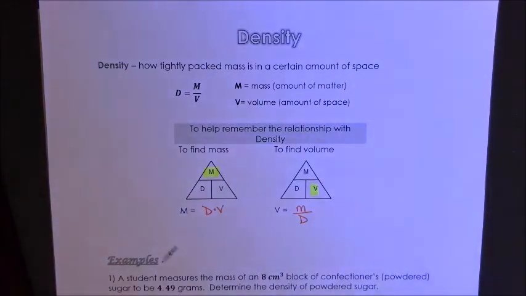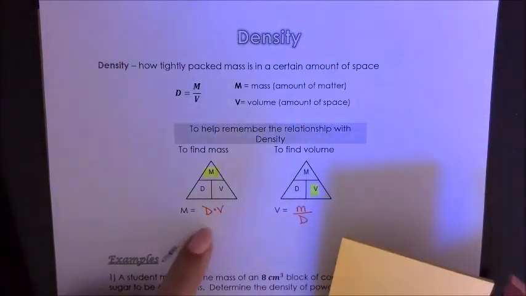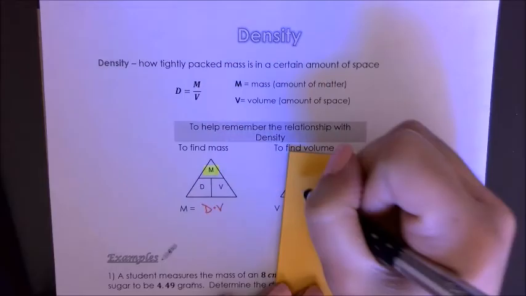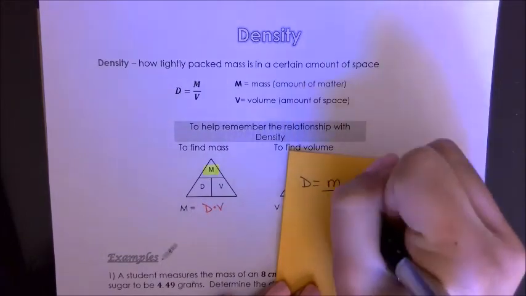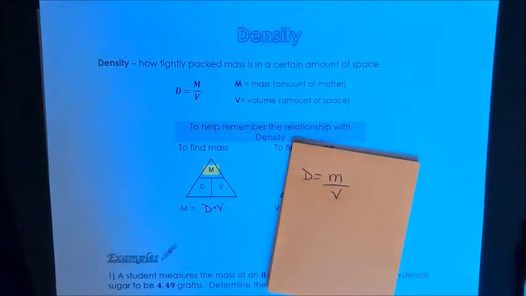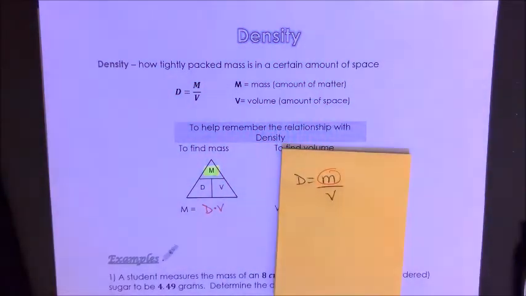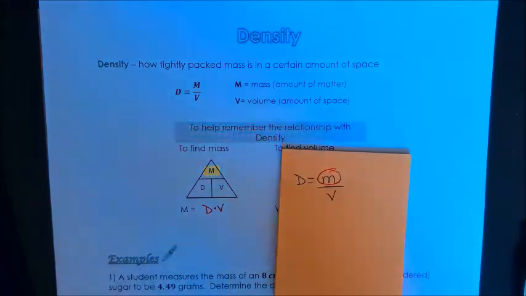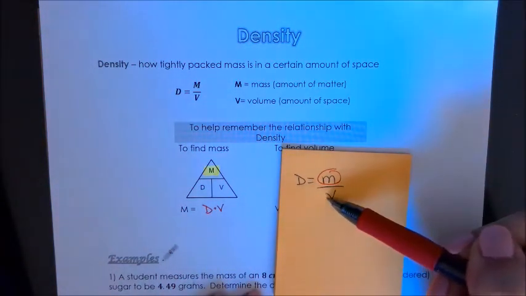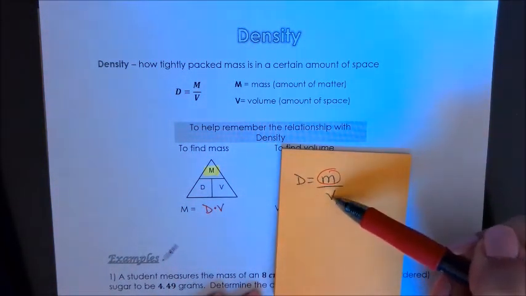Now this is not just a magical triangle that works. There's algebra behind it. So for example, let's look at this one. We know that density equals mass over volume. And let's say I was looking to solve for mass. So M is my numerator. I want it by itself. So what's attached to the M? The V. How's it attached? It's being divided.